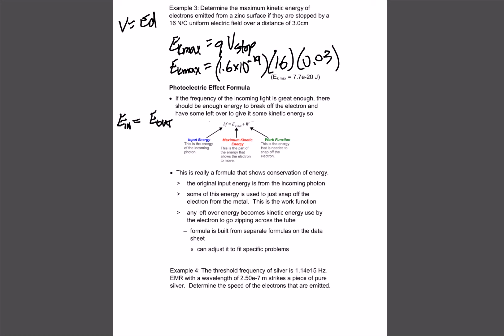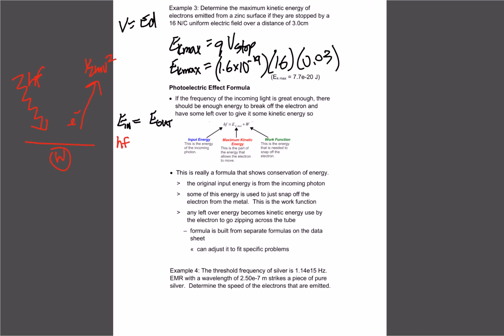So if we think of, let me kind of redraw this here, so we have some sort of light coming into a metal surface, so that energy will be HF, so E equals HF. Then we have the electron getting shot off, so that energy then would be 1/2 mv squared. But remember, there's also that work function that so much energy is going to be used to get that electron off the surface.